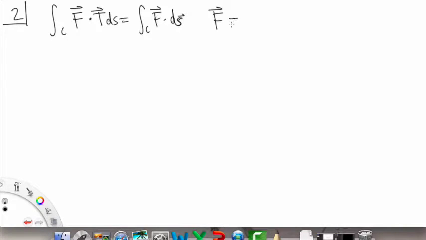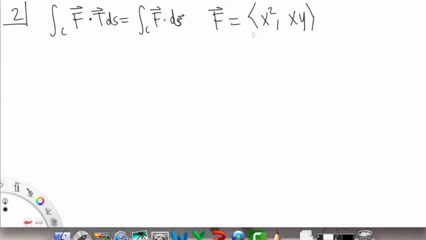Okay, so number 2, second example, is we're going to find, again, working with vector line integrals here. So we're going to find this, which, again, you might know as this, with the little arrow over the s. And our given vector field for this problem is x squared, comma, xy.